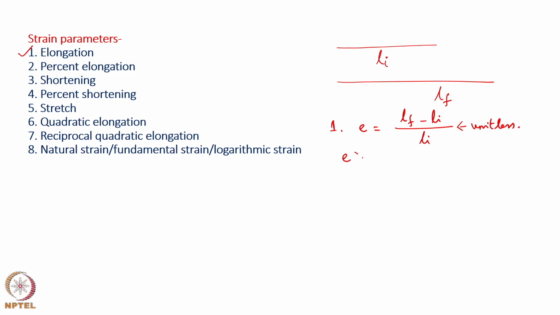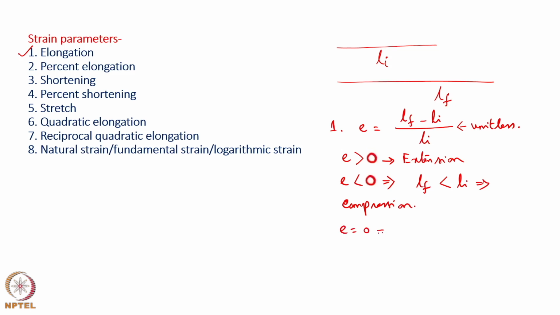If extension has happened, e is more than 0. e less than 0 means length final is less than L initial, which means that there has been compression. e equal to 0 means length final is equal to length initial, that means there has been no strain.